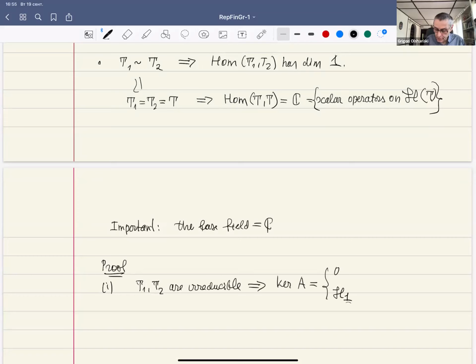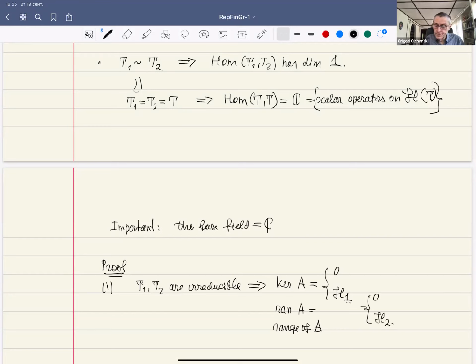And the same for the range, it is also either 0 or the whole space.